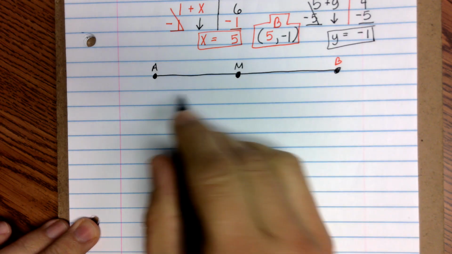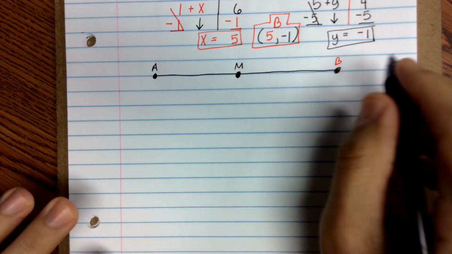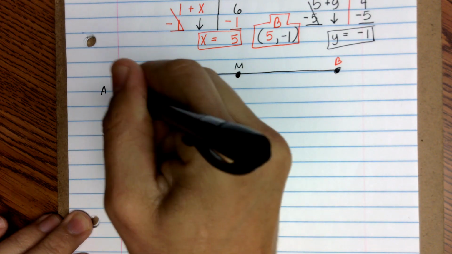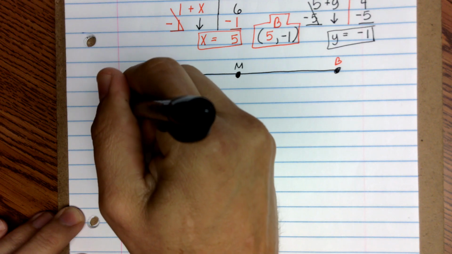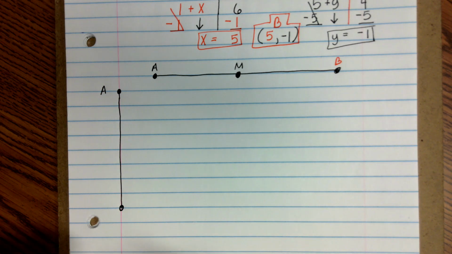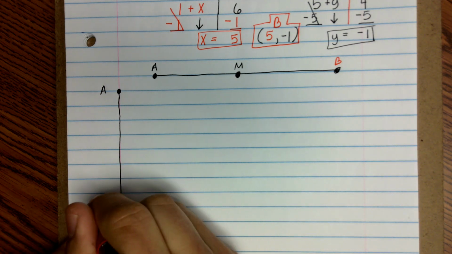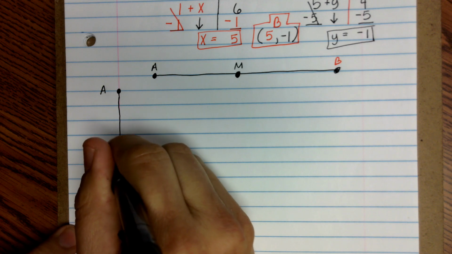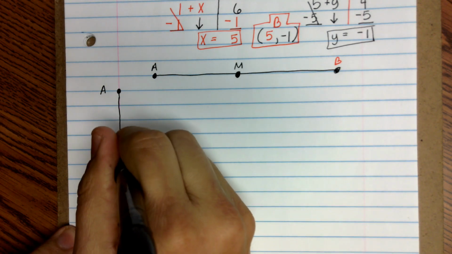Now if this is the x-axis, we're going to do 2 different lines. I'm also going to do one that's vertical. So let me go ahead and draw that out before we even start. Let's draw 2 different lines. And we're going to say this is B, what we're looking for. And then this is our midpoint. I'm going to call that M.